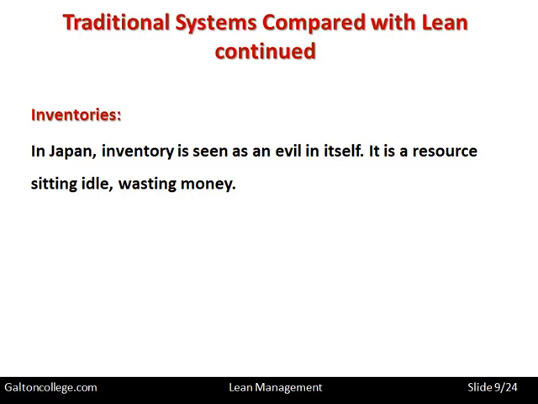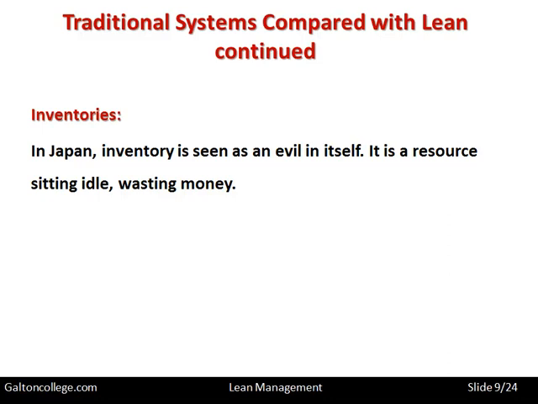Now inventories. In the first video in this sequence, I talked about Japan, where this concept originated. In Japan, inventory is seen as an evil in itself. Maybe that's putting it a little too strongly, but it's a resource that's sitting idle and wasting money. Inventory doesn't do anything.